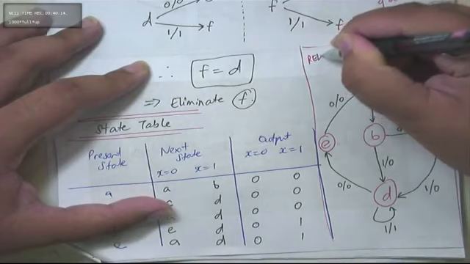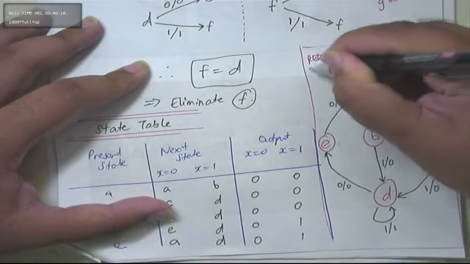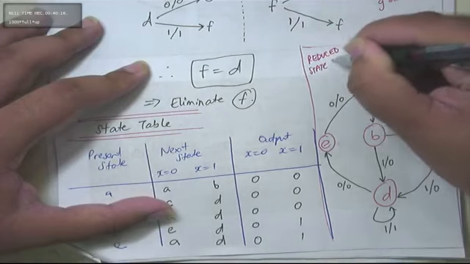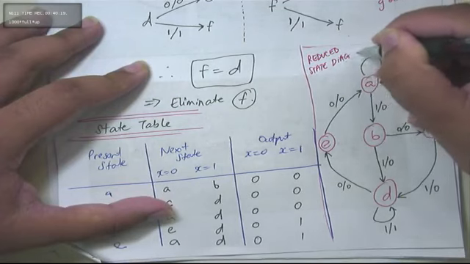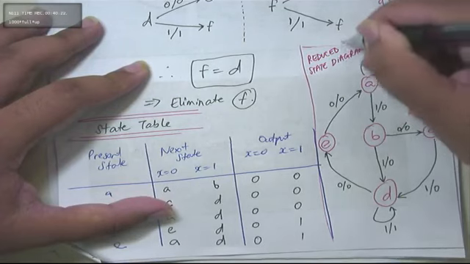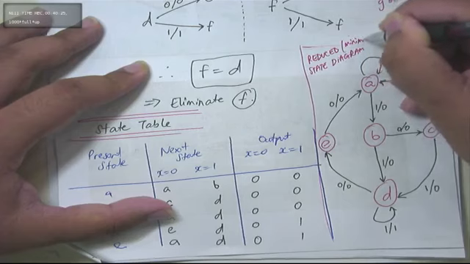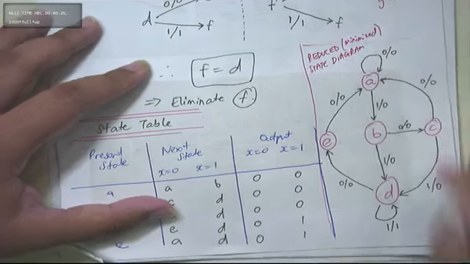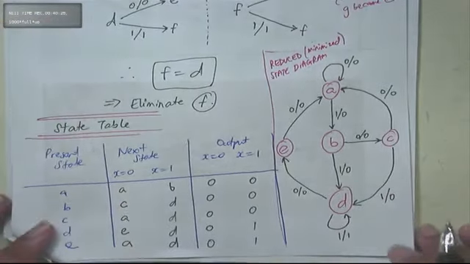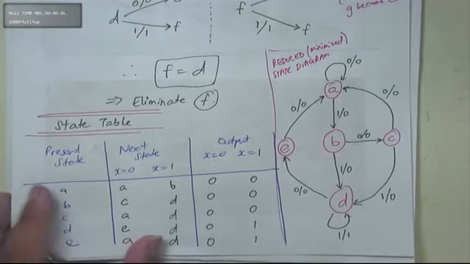This is our reduced state diagram, also called minimized. All right, winner, winner, chicken dinner. All right.